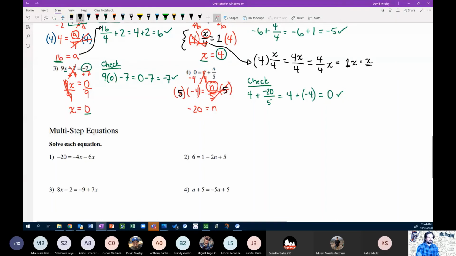We have the negative 4. I put the negative 4 in a parentheses to show that it's being multiplied by this other number. If I don't have the parentheses, it just looks like 5 minus 4, which is not the correct operation. So that's why I have the 5 and the negative 4 on the left-hand side. The negative 4 just comes from here.